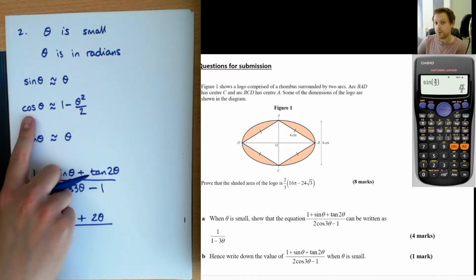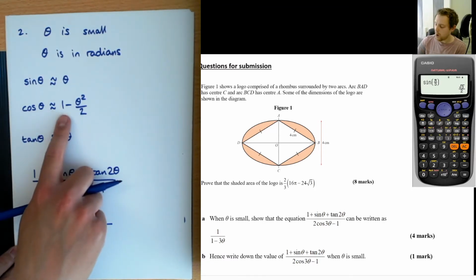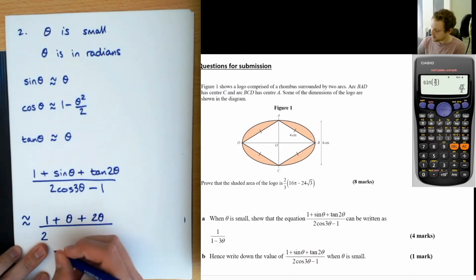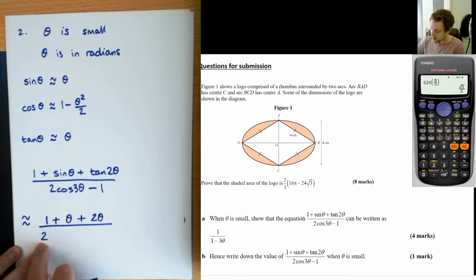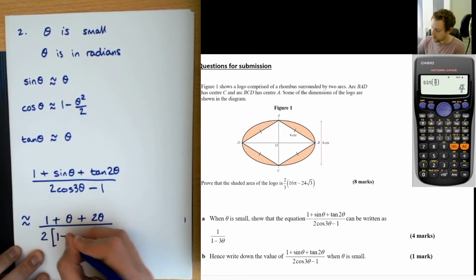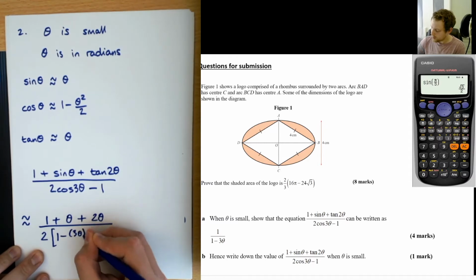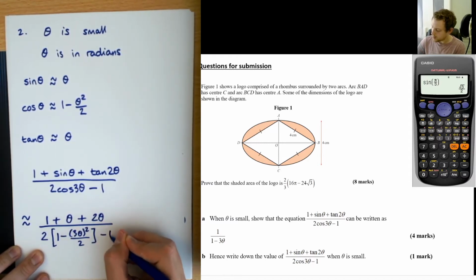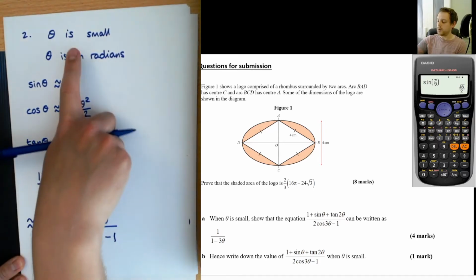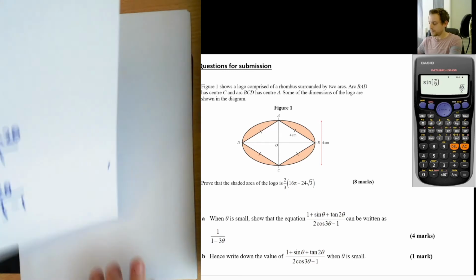So cos of 3 theta is going to be 1 minus, in brackets, 3 theta getting squared. And of course this is actually being doubled, isn't it? So I need to be careful with my brackets here. 1 minus 3 theta getting squared over 2, and then minus 1. So this is the approximate equals under these assumptions.